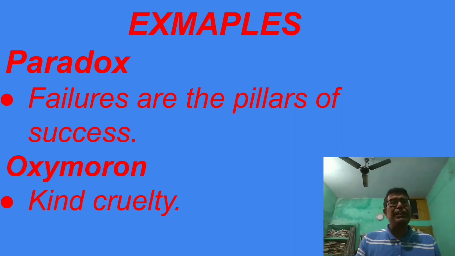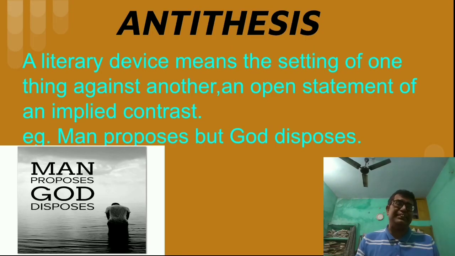Now I'll go to the next, that is antithesis. This is also one of the best examples of figures based on contrast. Here this literary device means the setting of one thing against another, but the statement is open, that is explicit, and it contains an implied contrast. Example: man proposes but God disposes.